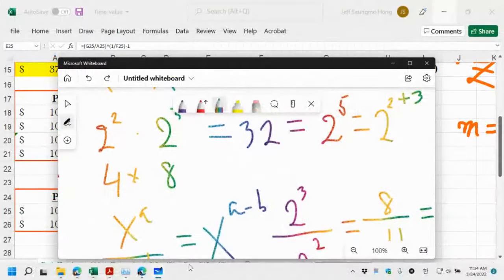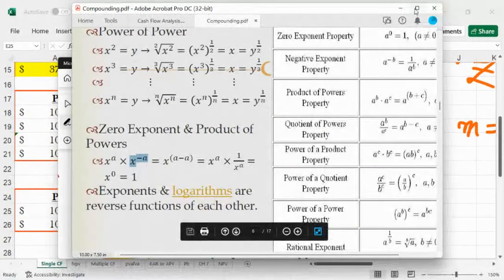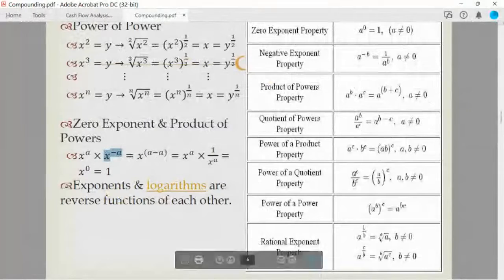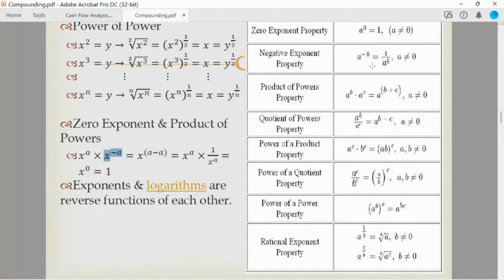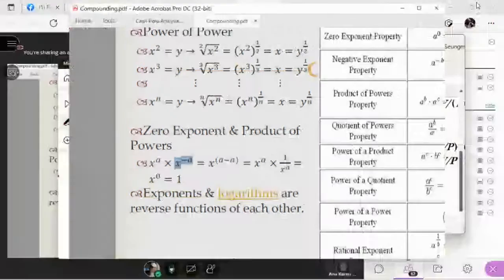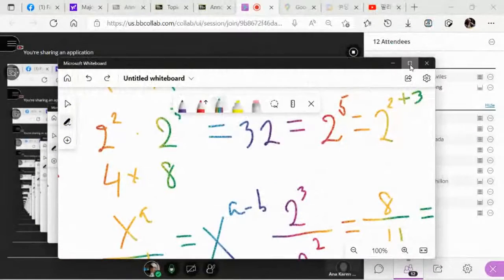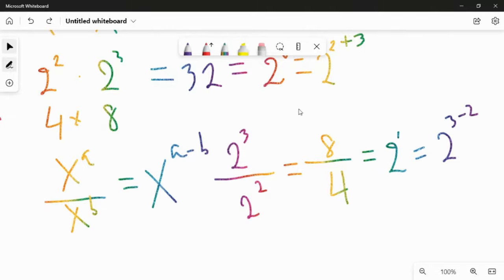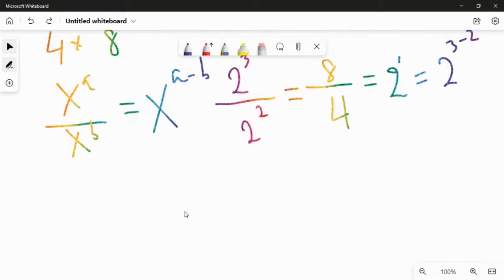Another thing: we all know negative power is the reciprocal. x to the negative n is 1 over x to the n.